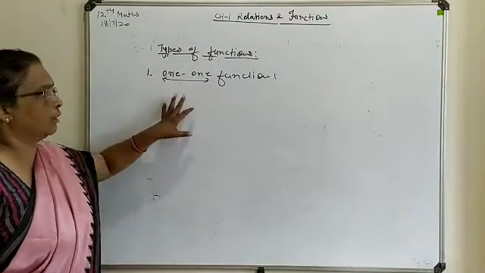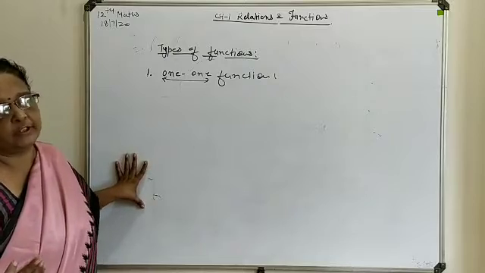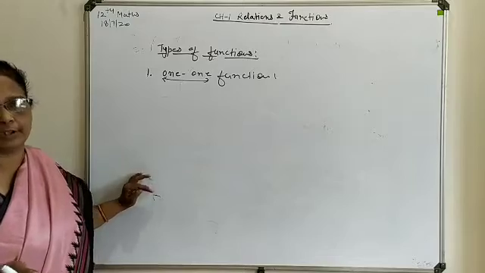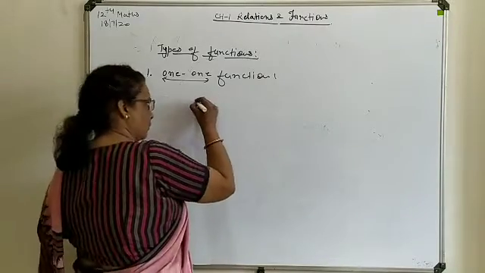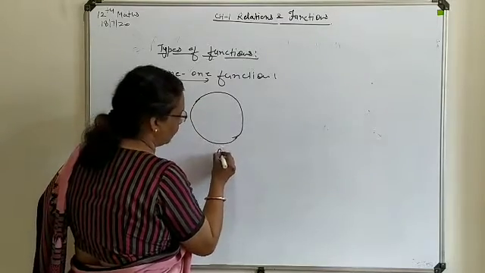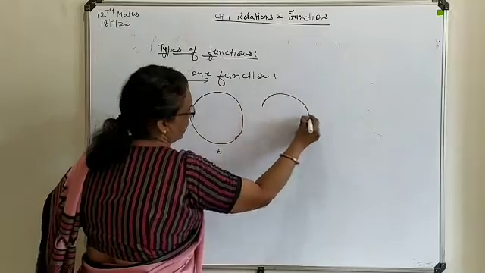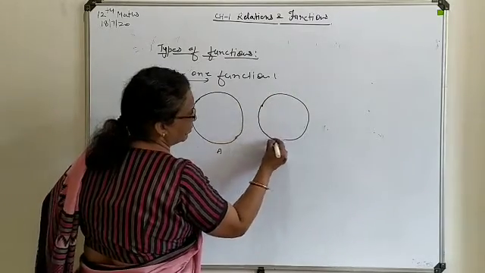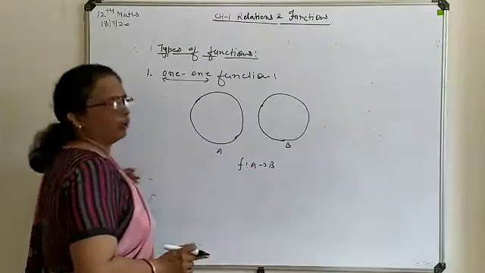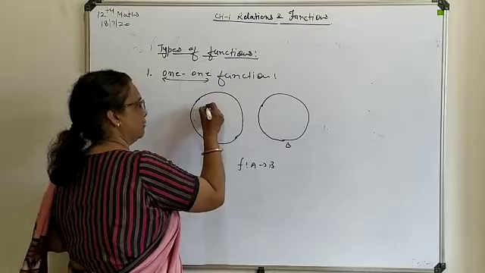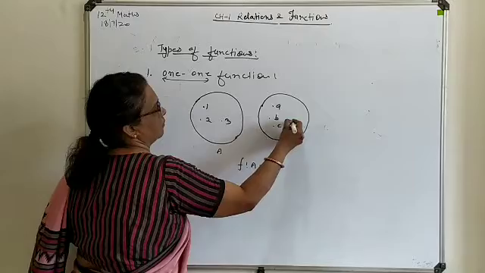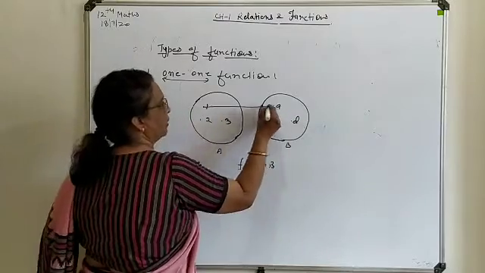As your term is a one, means there should be one correspondence between the defined sets, means A to B, if any function is being defined. So just try to understand it with the diagram, it will be more clear to you. Suppose A is here, B is the another set, and your function is being defined from A to B. For one correspondence, it is compulsory to have a single image formation.